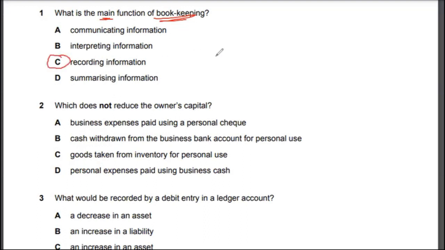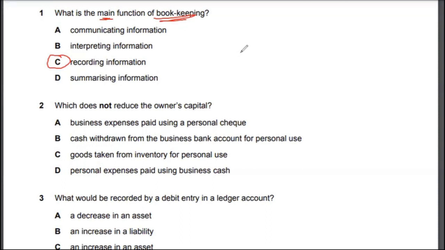So the correct answer to multiple choice one would be option C, because that is where it starts. That's the main purpose, where the bookkeeper, not the accountant, is going to record the financial transactions. The keyword here is record. The bookkeeper is not summarizing, interpreting or communicating information.